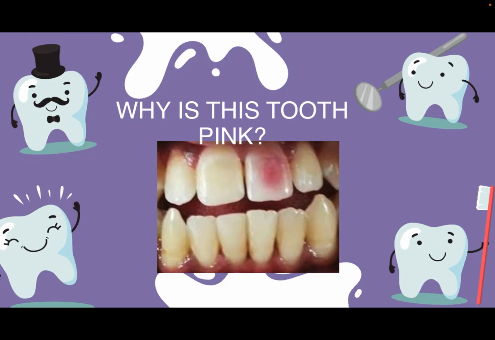Now, why does this tooth appear pink? This is the most important question before we begin. A pink tooth appearance is due to the presence of highly vascular granulation tissue inside the tooth structure, usually replacing dentine.